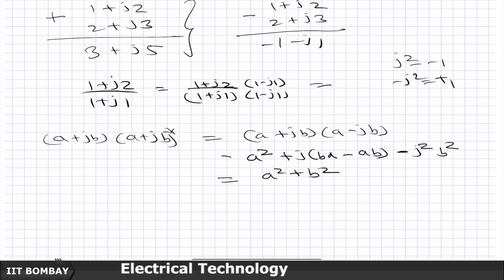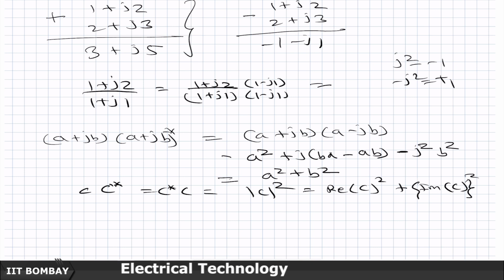So, any time you have a complex number c and you multiply by its complex conjugate, it is nothing but the square of the modulus of the complex number, which is the square of the real part of c plus the square of the imaginary part of c.